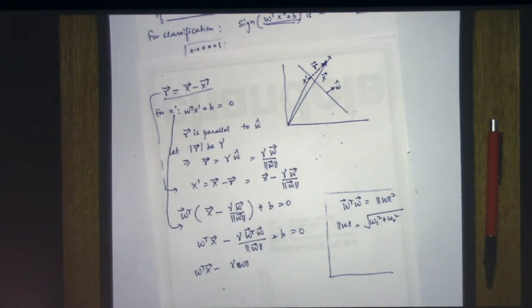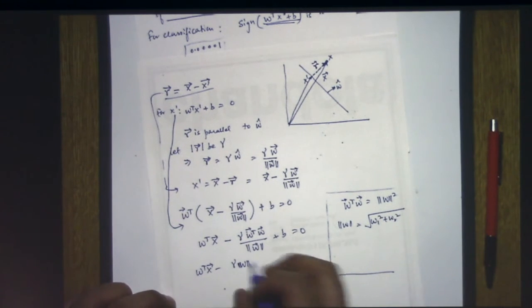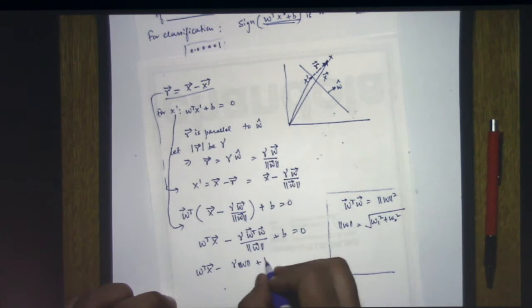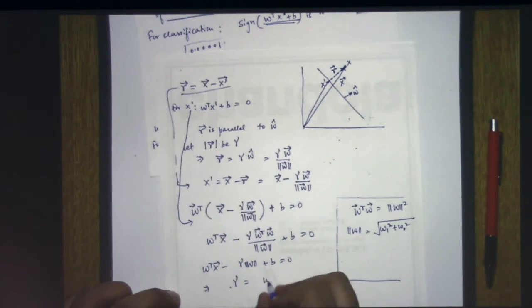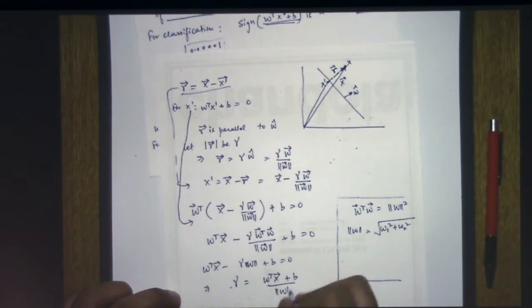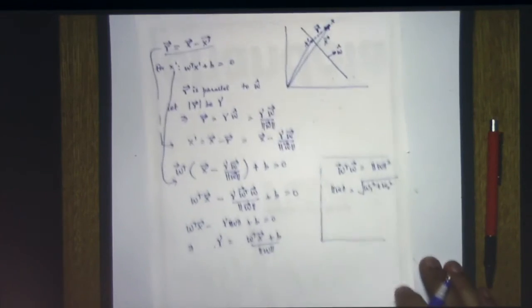That's a norm. That's how we write the two norm. So this plus b is equal to 0, which implies that, rearranging, this gamma is nothing but W transpose X plus b over this. That's what I said earlier.